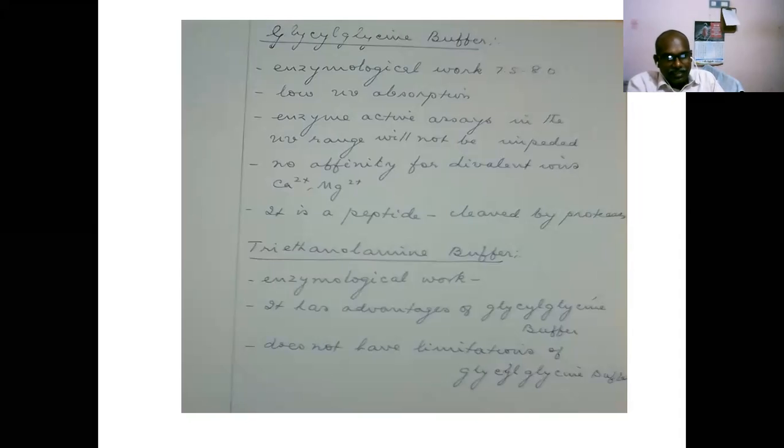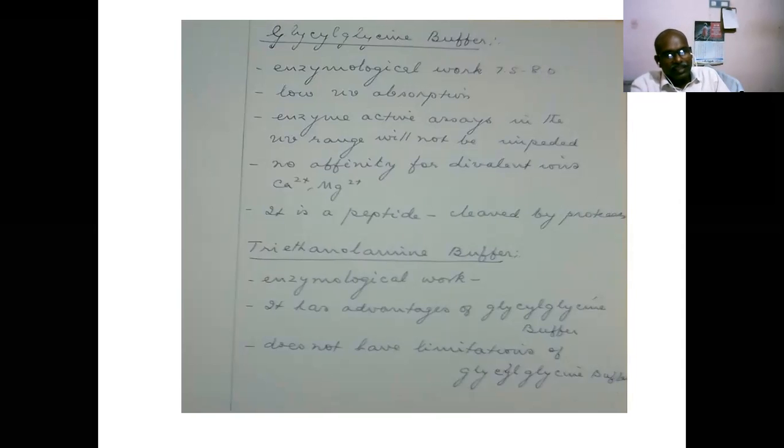Similarly, this glycyl glycine buffer is a peptide. It can be easily cleaved by the enzyme protease. Therefore, it cannot be used in the presence of such enzymes, but it can be used in enzymological work.